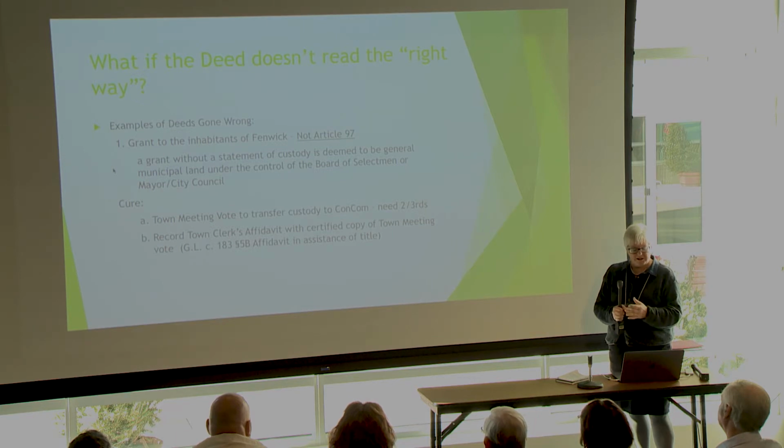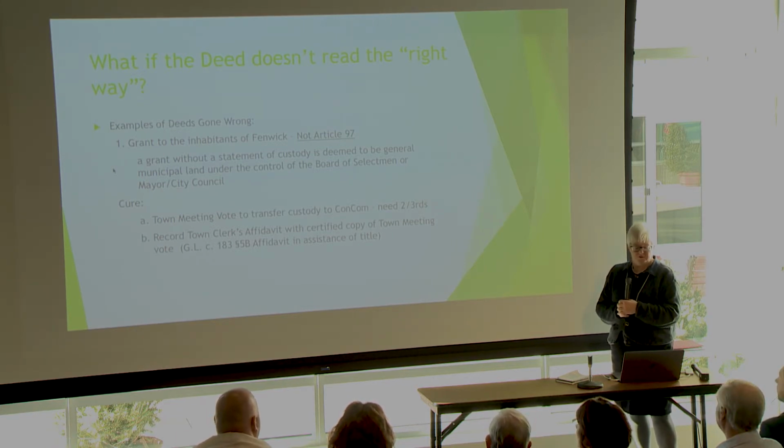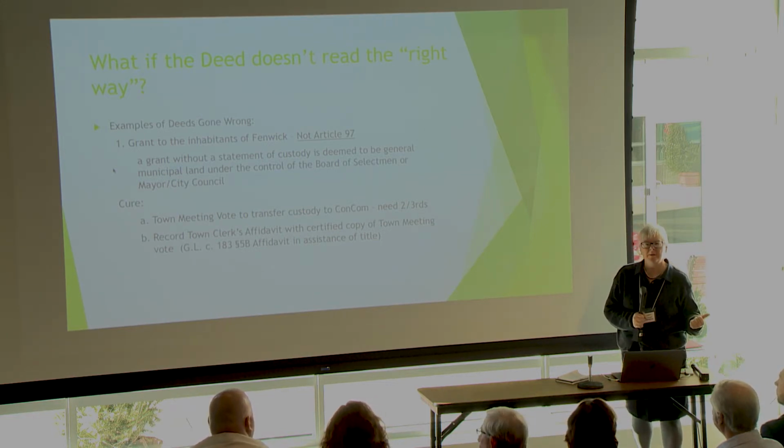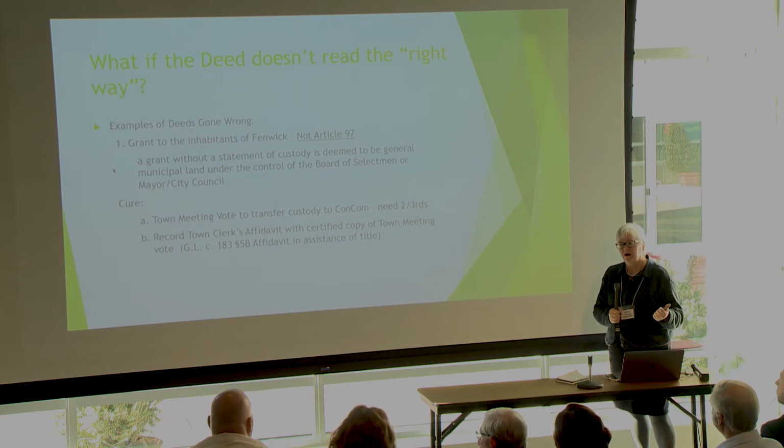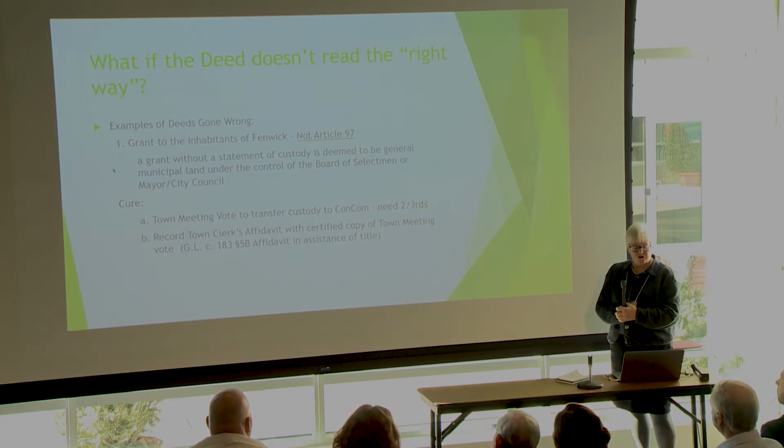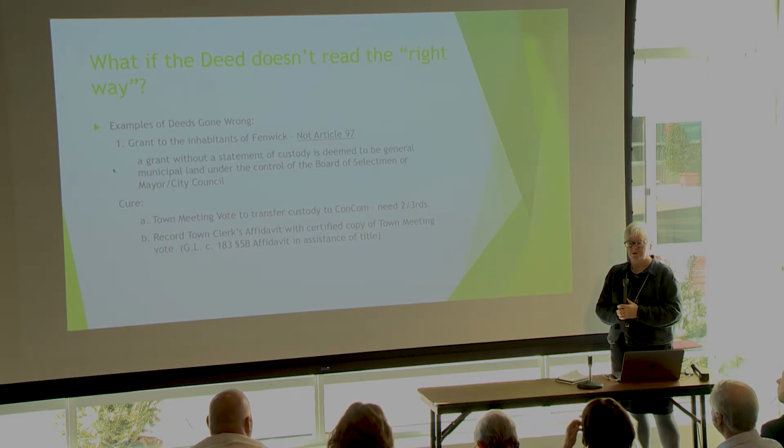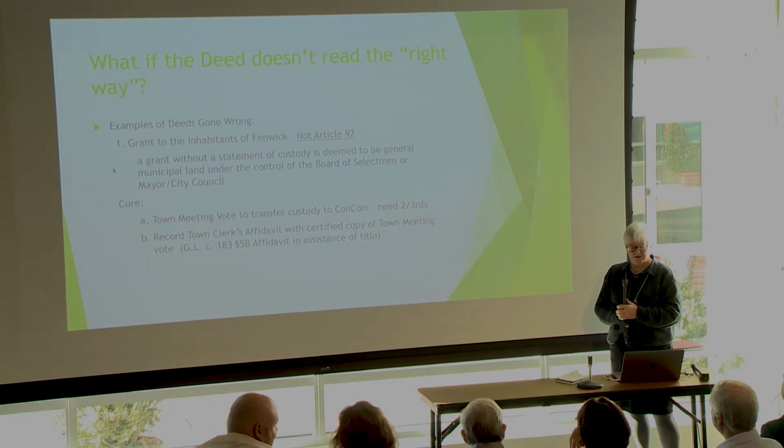So it's just saying to the inhabitants of Fenwick, well, whatever you think it is, it's not conservation land. So a grant outright to the inhabitants of the town or just to the town, that doesn't say anything, is assumed to be a grant to the Board of Selectmen or the city for general municipal purposes. And that's where that's going to sit.